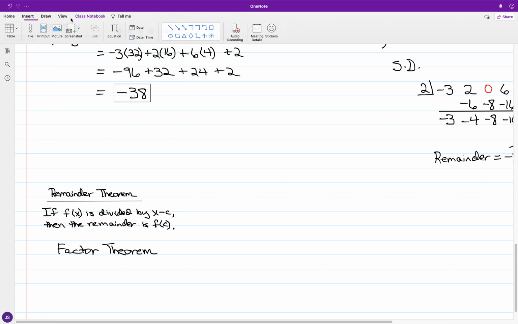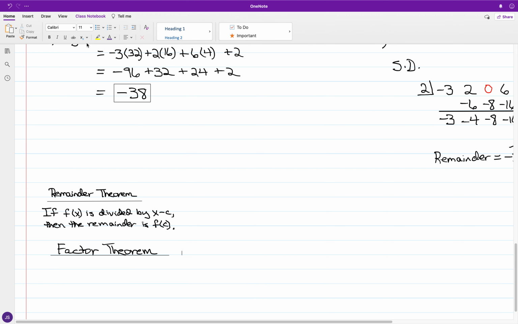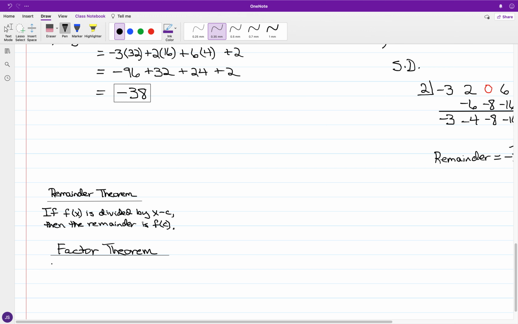And the factor theorem is going to be binary, like yes or no. First of all, from the remainder theorem, if the remainder f of c is equal to 0, then x minus c is a factor of f of x.